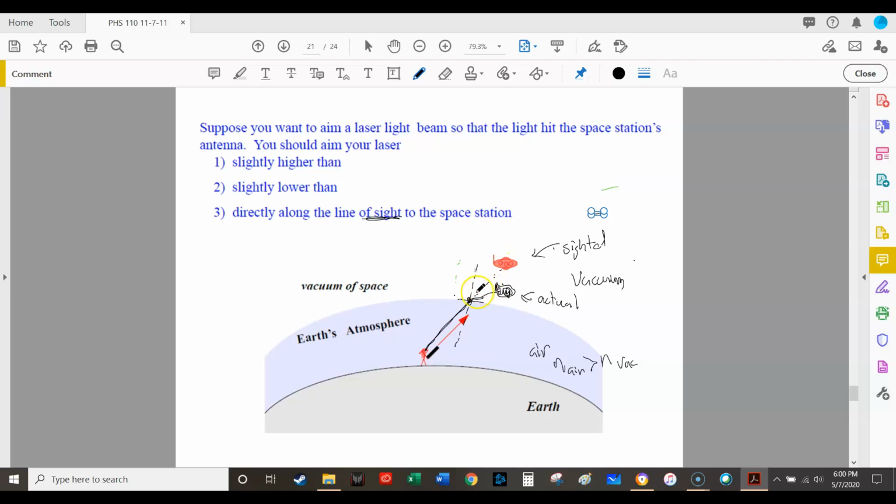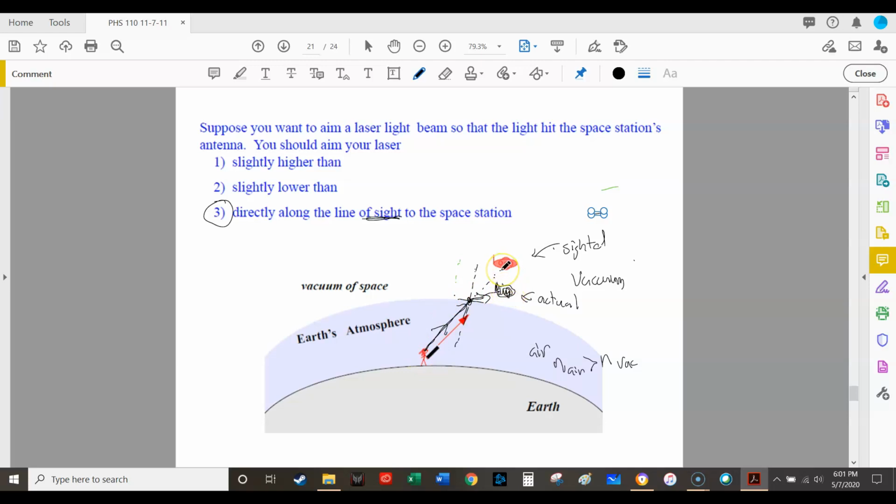Well, if you're going to hit it with a beam of light, shouldn't you aim it actually at where its sighted is? That way, the light rays from your laser are going to follow the same lines towards the actual space station, right? So if you aim directly along the sighted one, it should refract out and bend away from the normal and actually hit it.